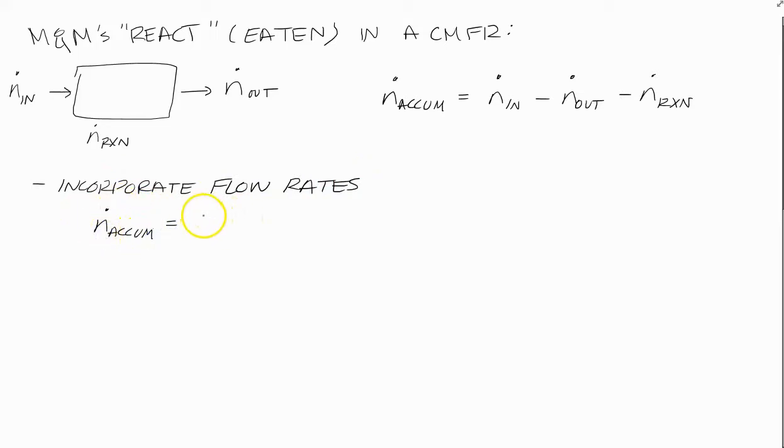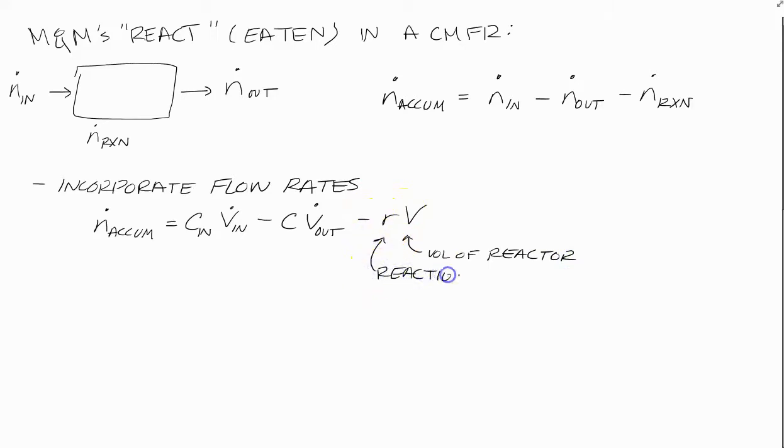So our accumulation term is going to equal the concentration coming in times the flow rate coming in, minus the concentration leaving times the flow rate leaving, and then in this case minus the reaction rate, which might also include the volume of the reactor, and R is our reaction rate.